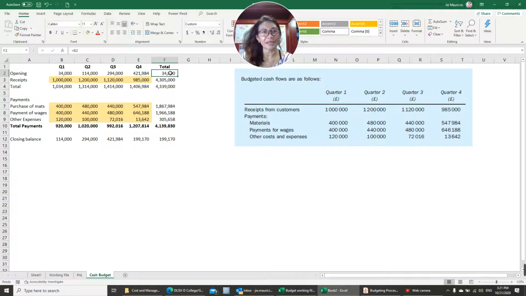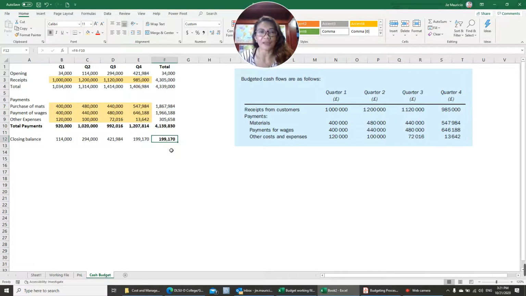So your opening balance is your Q1 opening balance, and then the closing balance in Q1 will be your opening balance for Q2. And then the receipts is you just have to add it all together, and then payments you have to add it all together. So your ending closing balance will be 199,170.